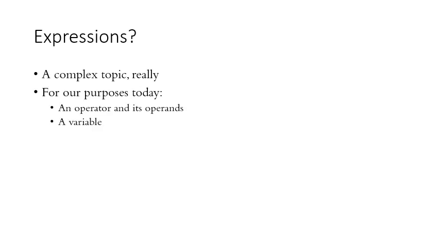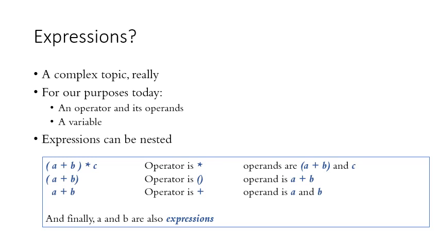But what are expressions? Expressions can be used to compute a value, write conditions, as well as perform comparisons. Simply said, an expression is composed of operators and operands as well as variables, and expressions can also be nested. For example, in (a plus b) times c, the operator here is the multiplication operator, and the operands are (a plus b), which is grouped using a parenthesis, and c.